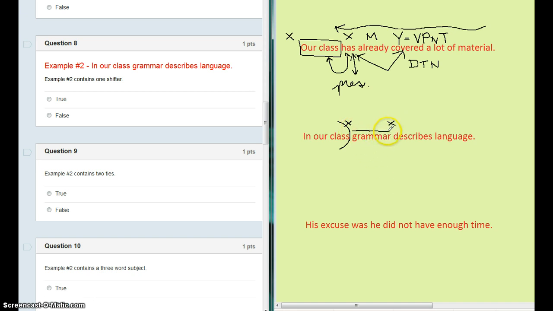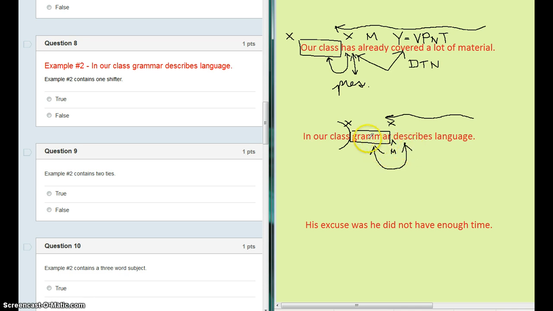And now we've found our subject place between the X words. Everything left is the predicate. And now let's look for, well, you know what, since we have room here, the M place is over here. If I had a word like always, I'd say grammar always describes language. That's the M place. Now let's look for our ties. Describes ties with grammar.